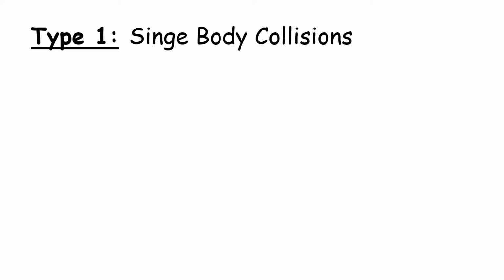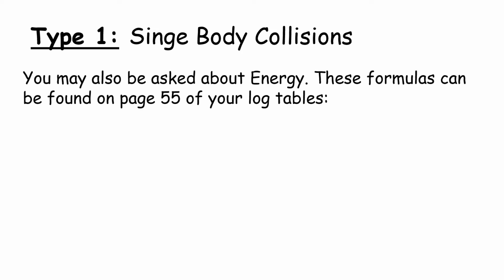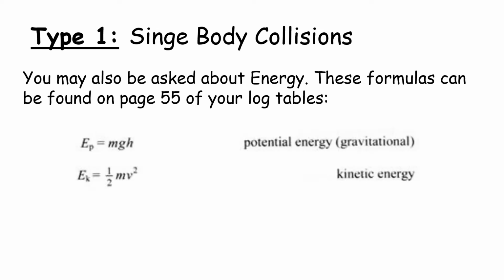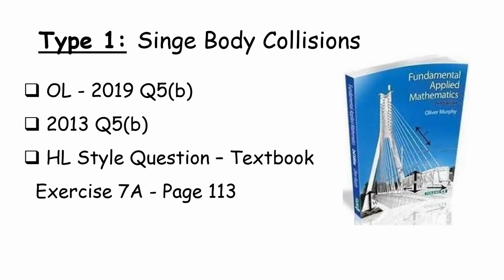When we're working with impacts or single body collisions, we can also be asked about energy, and these formulas are given on page 55 of your log tables. We have the potential energy formula and the kinetic energy formula. Although we're looking at the new Applied Maths course, which is first examined in June 2023, I am going to use some of the older exam questions to give us a sense of how this could be tested and to practice some of our skills.